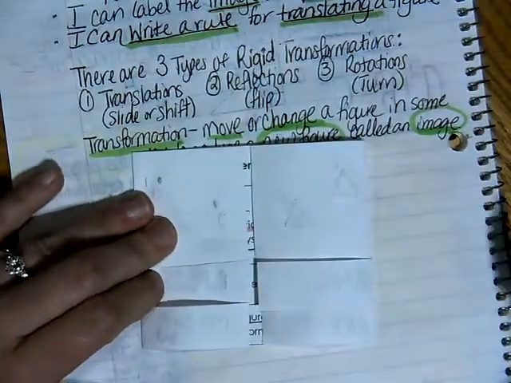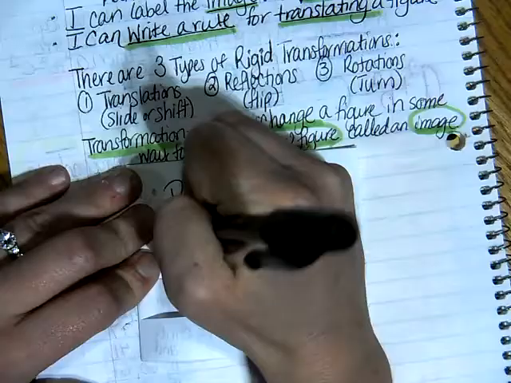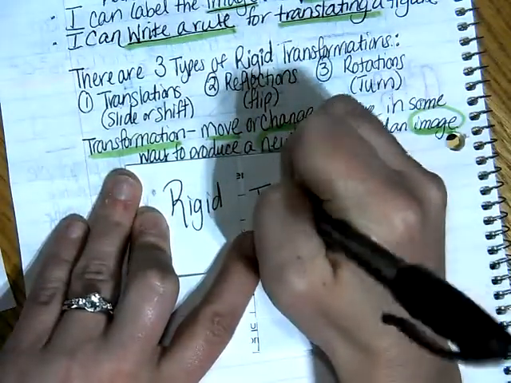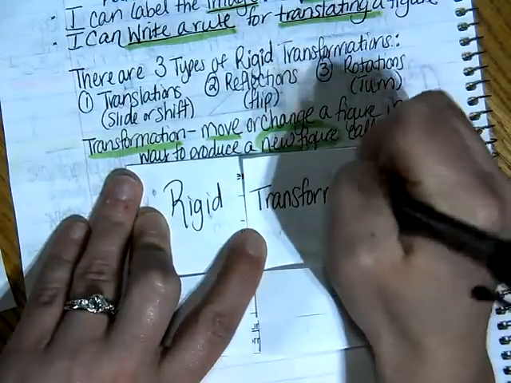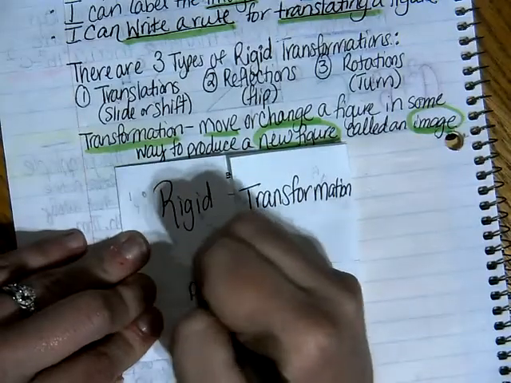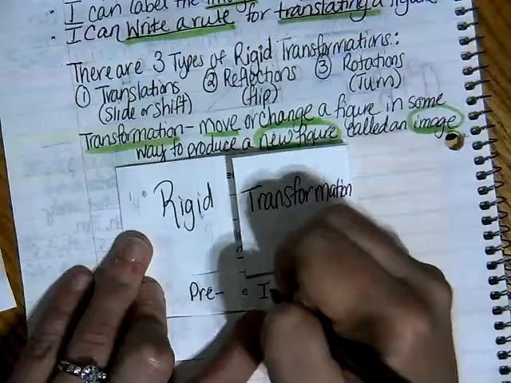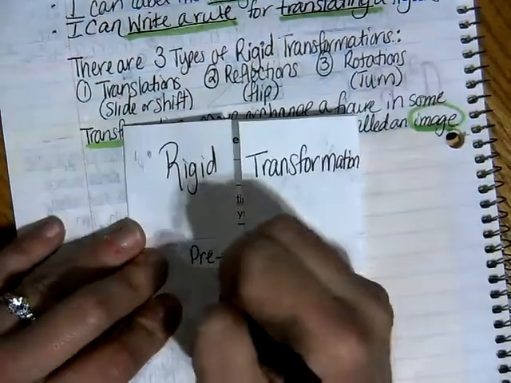The first term we had was rigid transformation. The second word we had was pre-image. And the third term that we had was image.